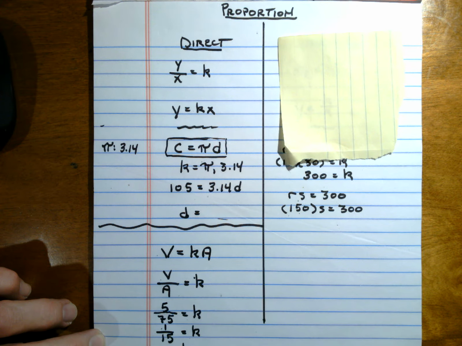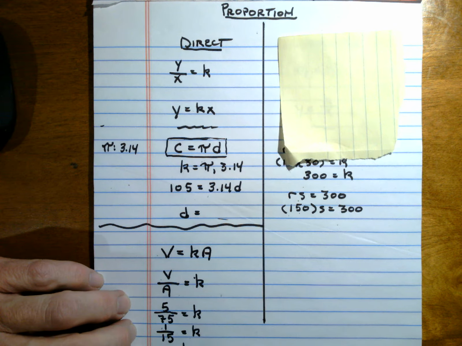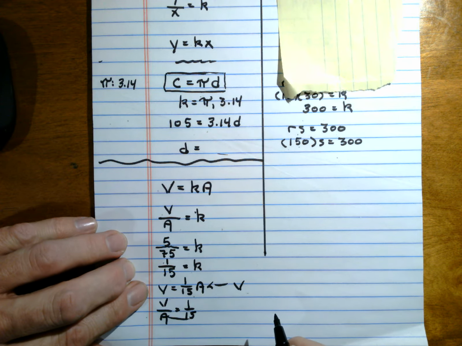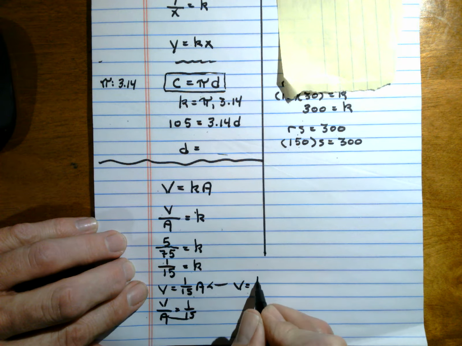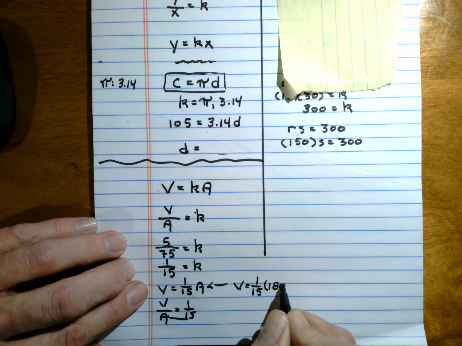How much paint would be needed to cover 180 square feet? So we are given A. How much paint volume? Whoa, I'm way down here. Sorry. How much paint volume is necessary to cover 180 square feet? So we're given area.